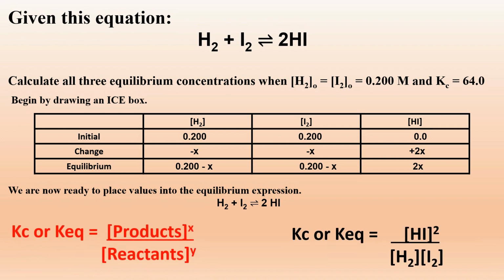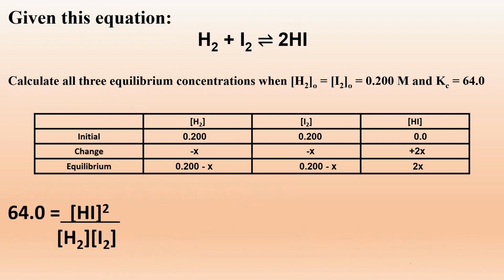For this particular reaction, Kc or Keq is equal to the concentration of HI squared divided by the concentration of H2 times the concentration of I2. Now place the value of Kc into the equilibrium expression, where Kc is equal to 64.0. So 64.0 is equal to the concentration of HI squared divided by the concentration of H2 times the concentration of I2.